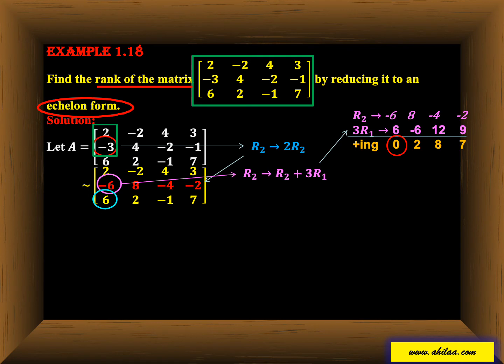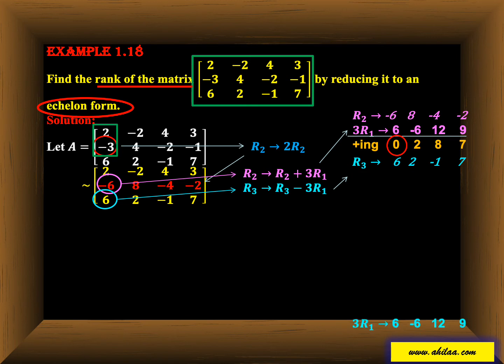Now parallelly I can make the 6 also 0. That is the A31 value. So again I multiply R1 by 3 and subtract from R3, because A11 and A31 are of same sign. I have to subtract. So the operation is R3 goes to R3 minus 3 R1.